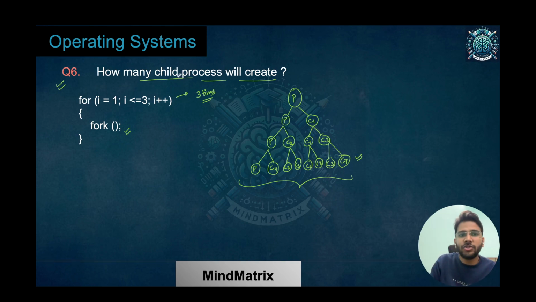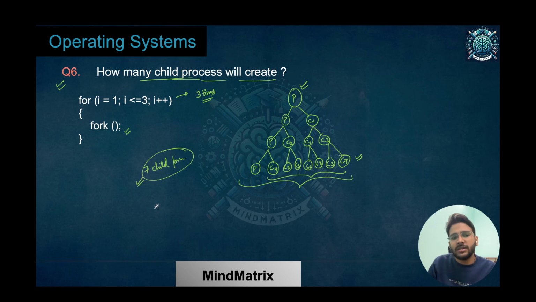And the question is, how many child processes are there? So originally we have only one parent process. All these are the child processes for the parent, right? So how many child processes are there? 7. 1, 2, 3, 4, 5, 6, 7. So 7 child processes are there.